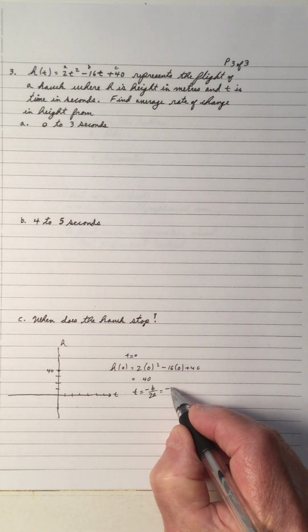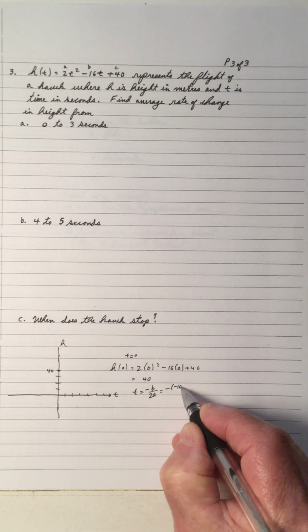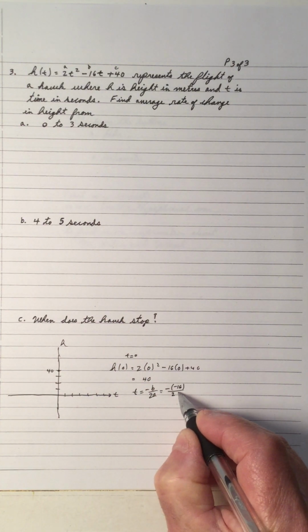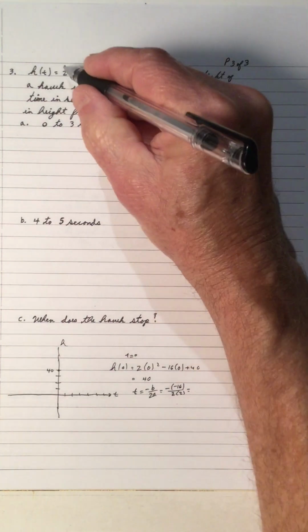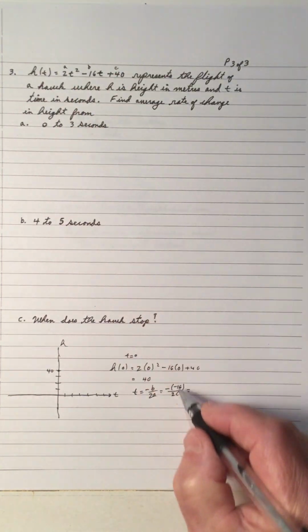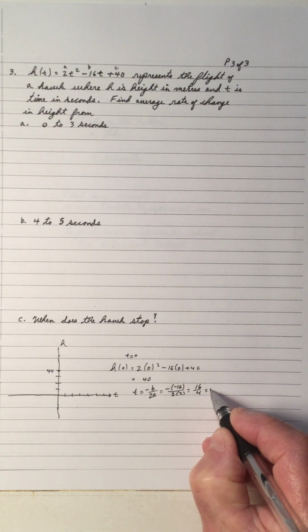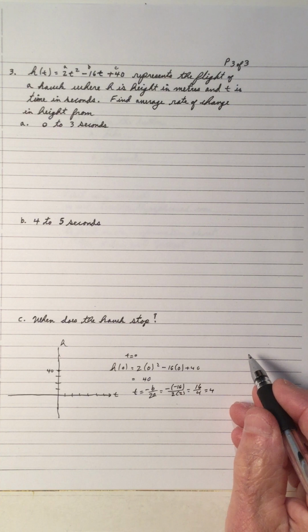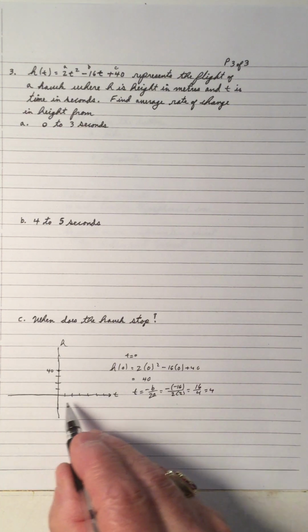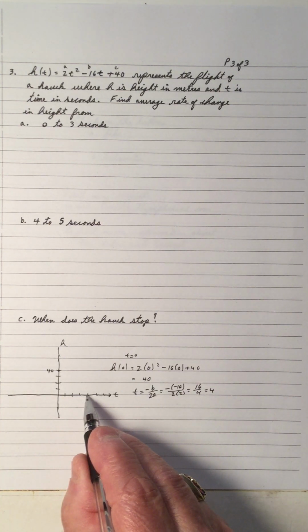So negative b is the negative of negative 16, all over 2 times 2. The negative of a negative is a positive, and 2 times 2 is 4. So the vertex is at the time when t is 4.